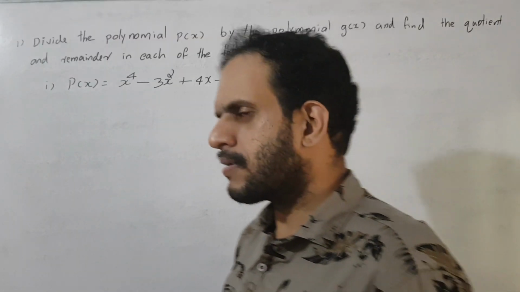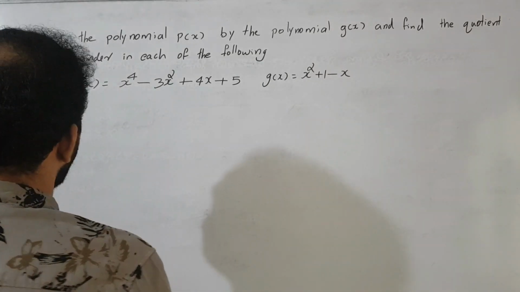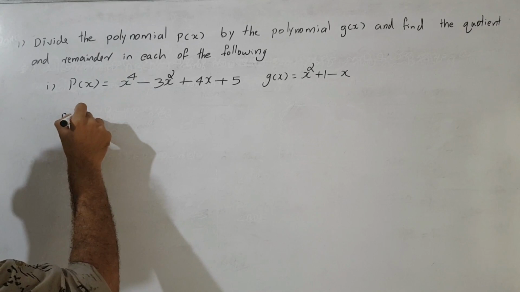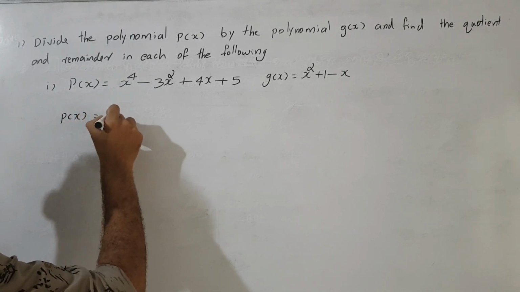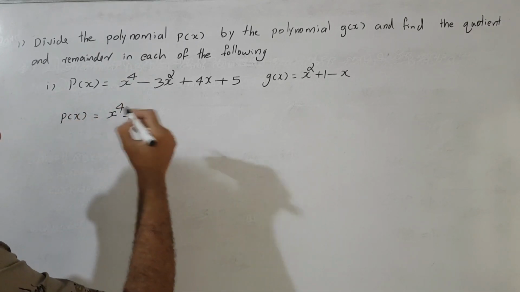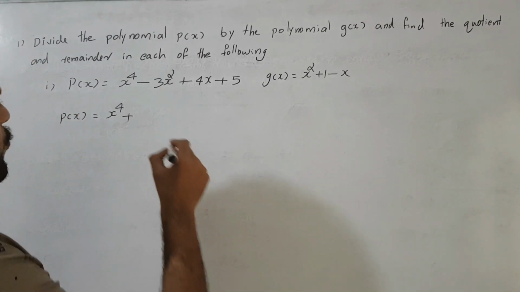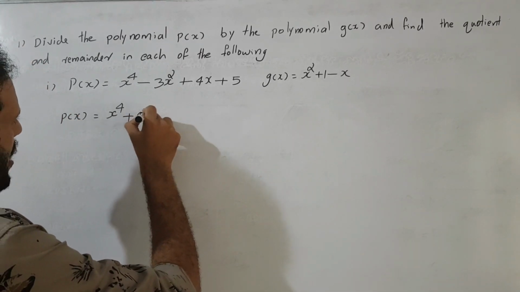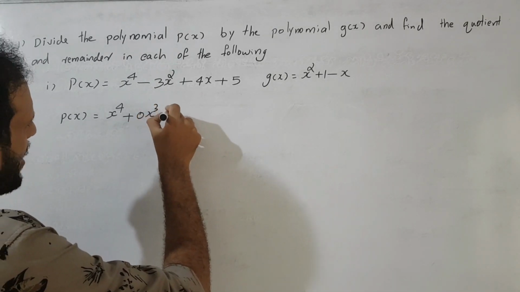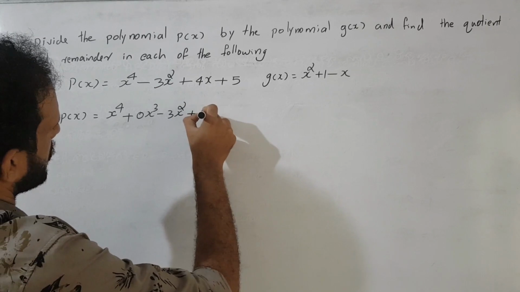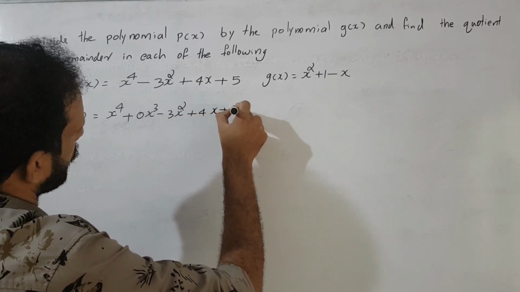So we start the question by rearranging: p of x is equal to x raised to 4 plus 0x cube minus 3x square plus 4x plus 5.